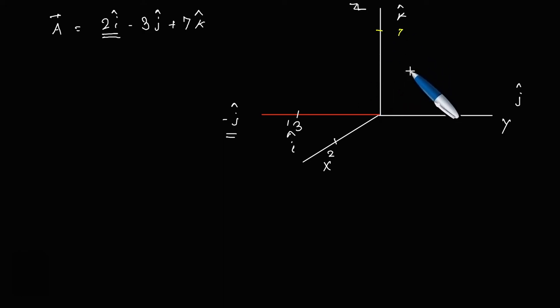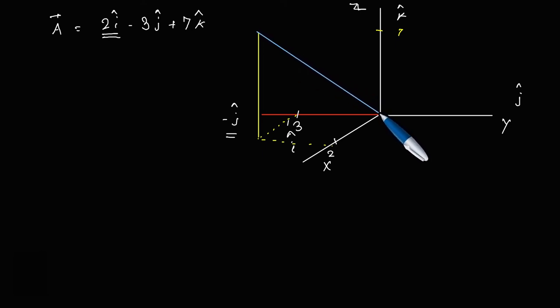So where is the vector? Let's draw it. We can connect them with perpendiculars. And now we have to go up 7. We are going up 7. There comes our vector. Look at it, you are calculating from the origin.